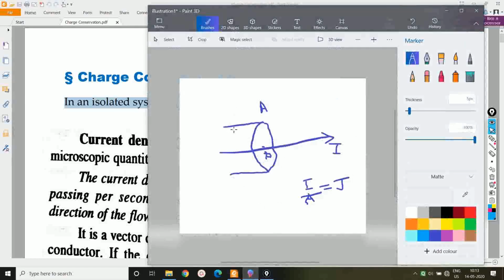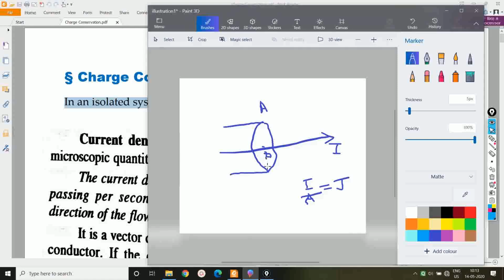In this figure, I have shown part of a conductor which is carrying electric current, and there is a cross section whose area is A, and there is a point P. Through that point P, the current flow is I.